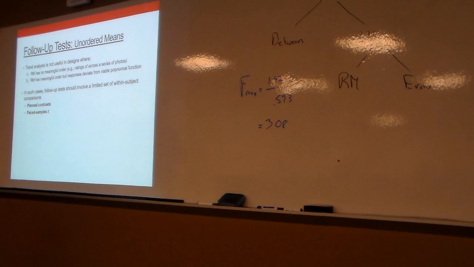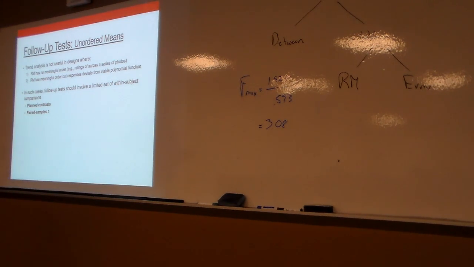Or my repeated measure has some sort of natural order, but I'm not expecting it to follow some conventional polynomial pattern. I'm expecting things to kind of do this and then continue up or something. That's not something that follows a smooth curve.